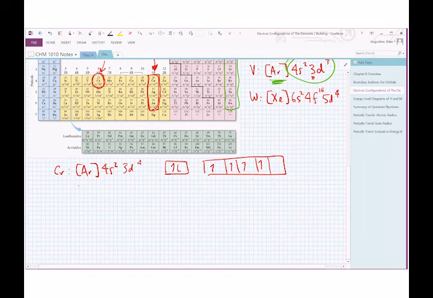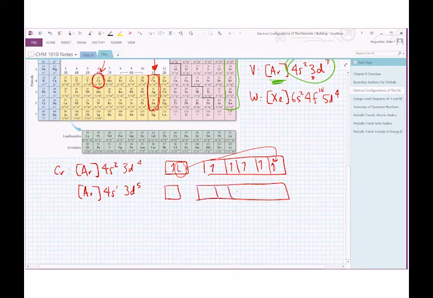But it turns out in reality, it's really argon 4s1, 3d5. What happens is nature wants to put that extra one of those s electrons into the d orbital.